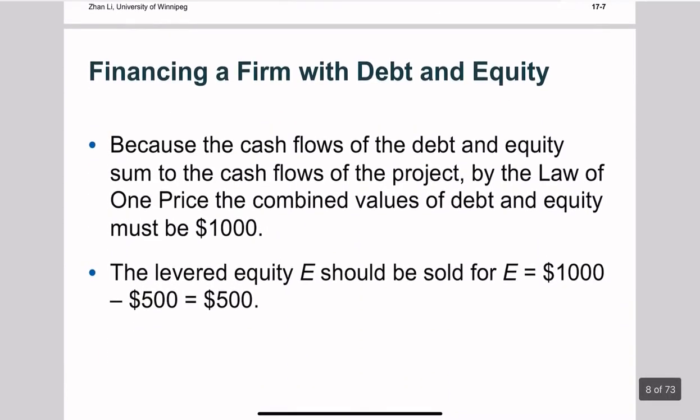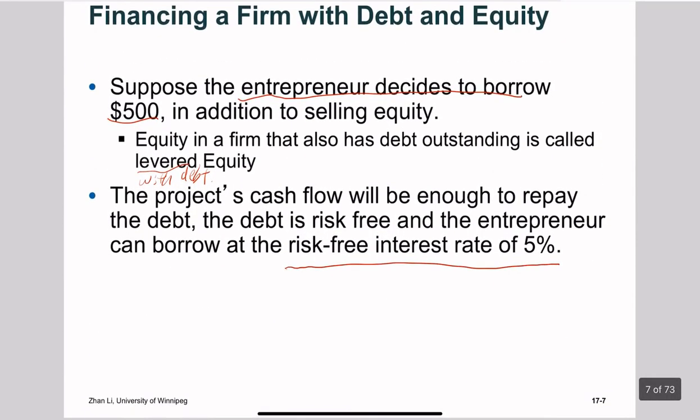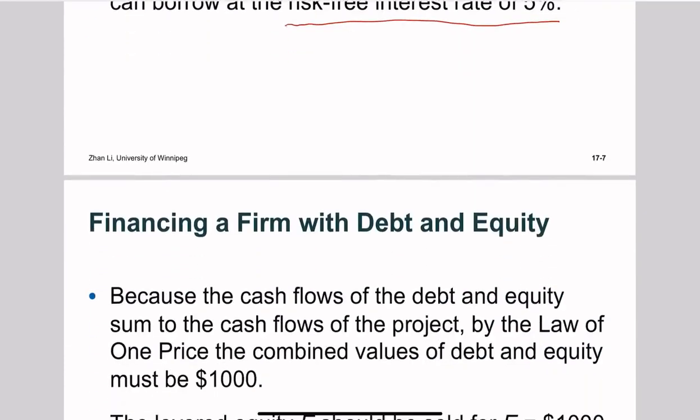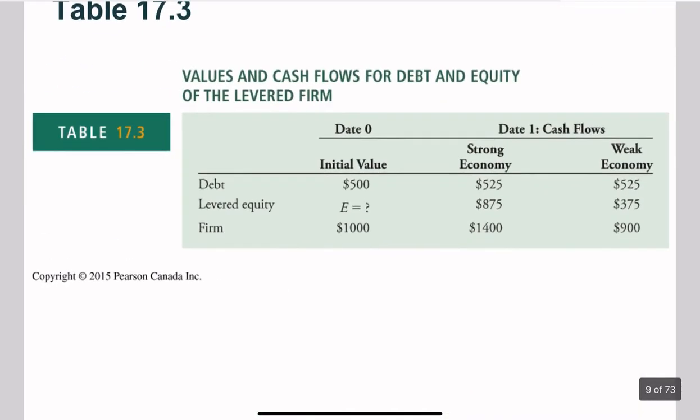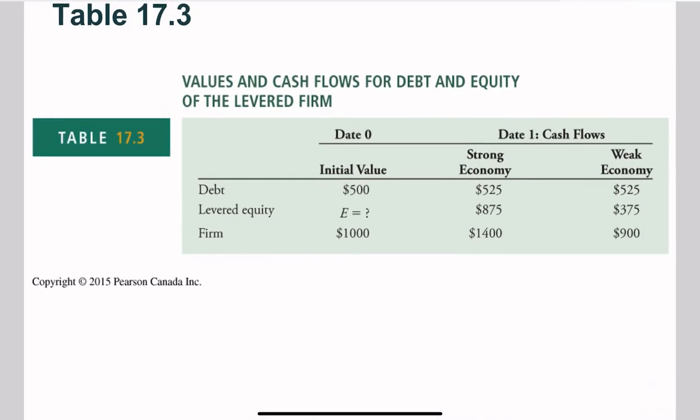Okay, now let's ask this question. If the entrepreneur decides to sell equity, what is the value of the equity here? Again, this is actually pretty simple and even pretty obvious. We have learned the present value of the firm's future cash flows is 1,000.